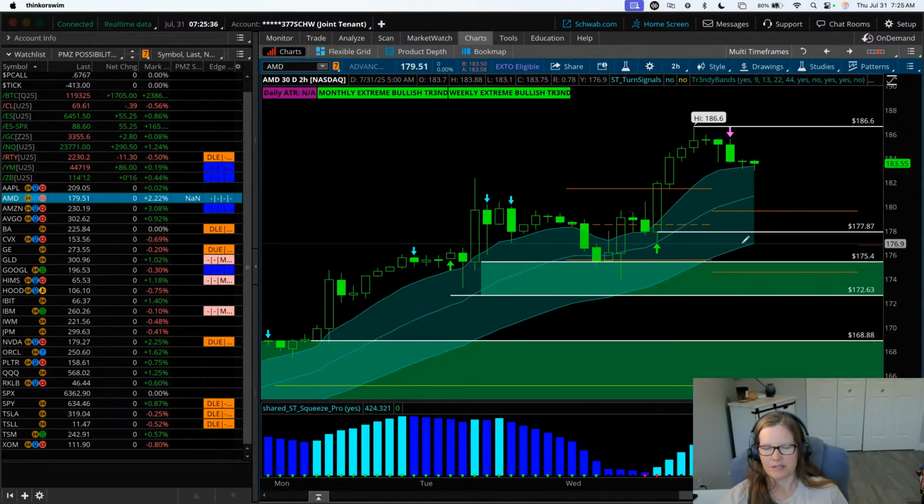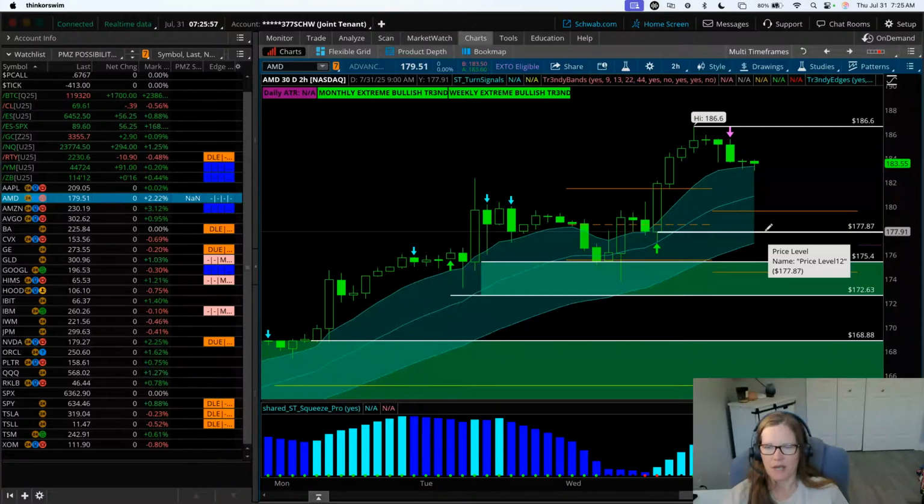Yesterday, this was the zone, and it looks like we pulled back into there and a heck of a rally out. So that was a good buy zone yesterday on AMD. But now 177.87. So let's say that AMD goes below the PMZ. That would be the top of my target for a downside target.